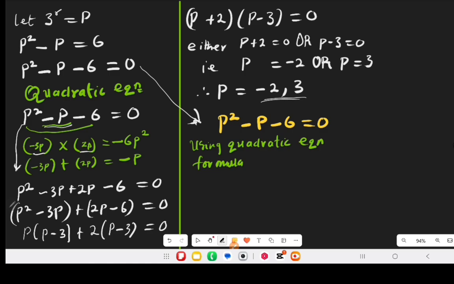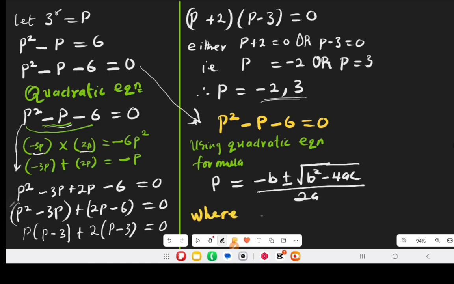Using the quadratic equation formula, we have p equals minus b plus or minus the square root of b squared minus 4ac, all over 2a, where a is the coefficient of p squared. The coefficient of p squared here is 1. b is equal to the coefficient of p, which is minus 1. And c is the constant, which is minus 6. We continue.